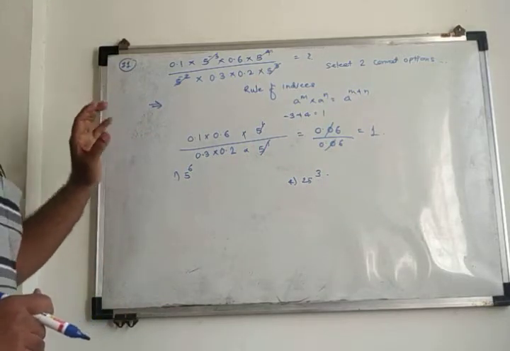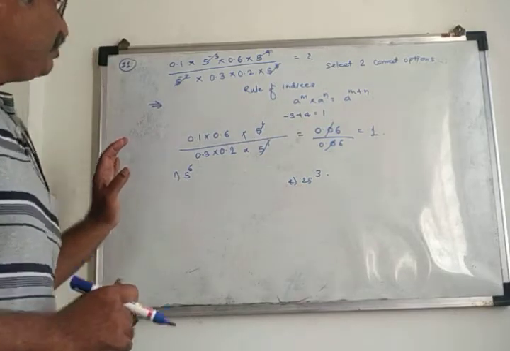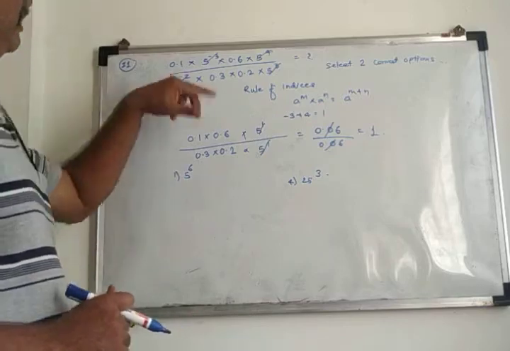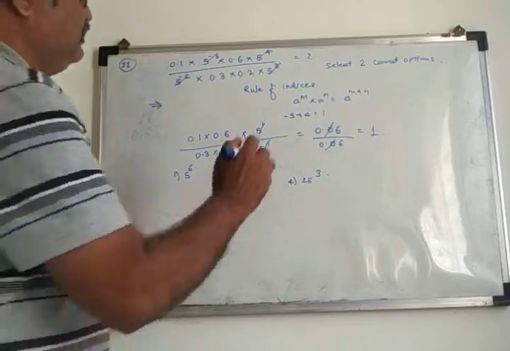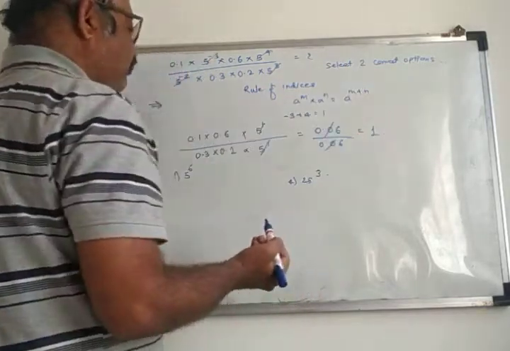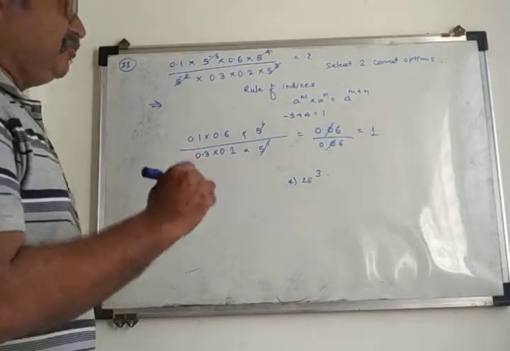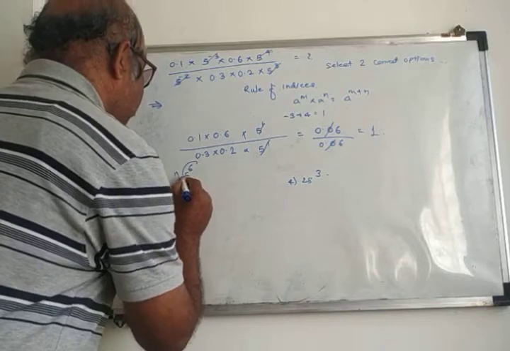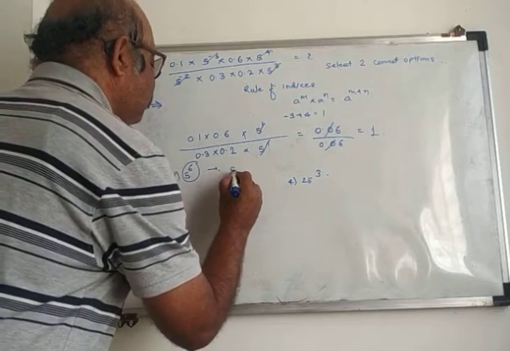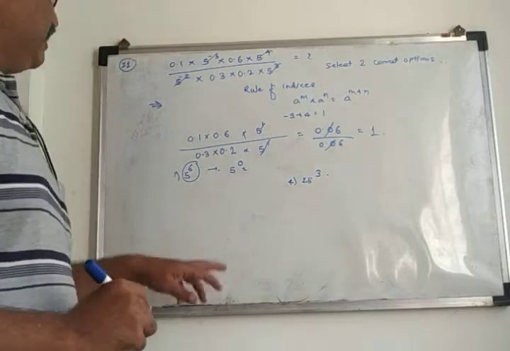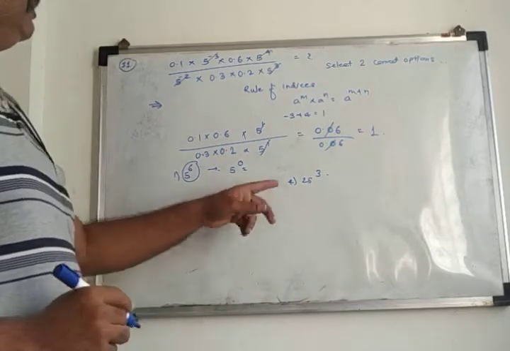On the basis of my experience, whatever method you use to solve it, the answer will come 1. Unfortunately, that answer is not given in any option. My guess is that this could be a printing mistake, and it should be 5 raised to 0, and even then the two options are not correct.